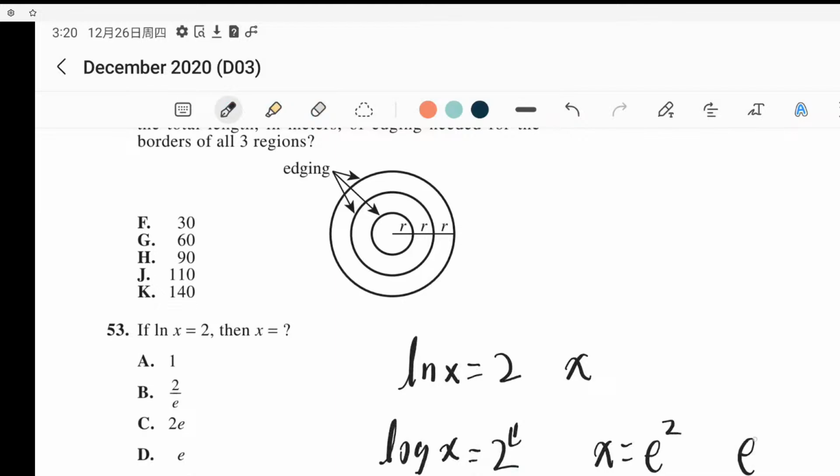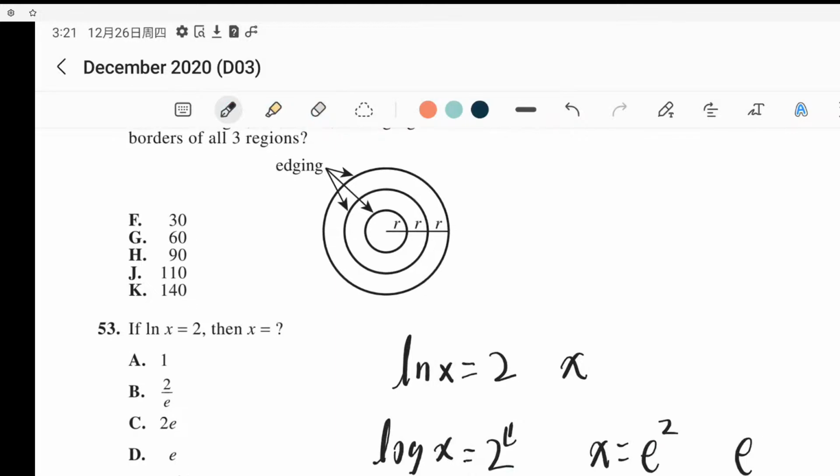Because if we substitute e for x, we have logarithm base e of e, which results in 1. And again, by properties of logarithms, we can tell that e should be squared to obtain the answer of 2. So the answer is e squared.